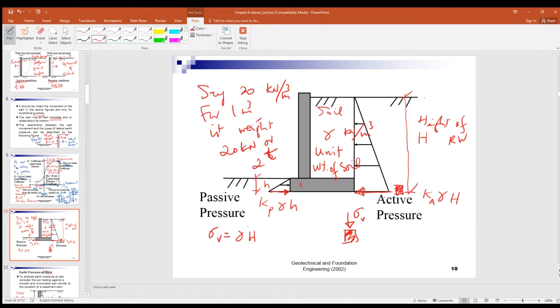And what's the horizontal stress? What's the horizontal stress of the lateral earth pressure? Remember, it's equal to K times sigma V, right? Here we got the active pressure. So it equals Ka gamma H. So we got Ka gamma H, okay?